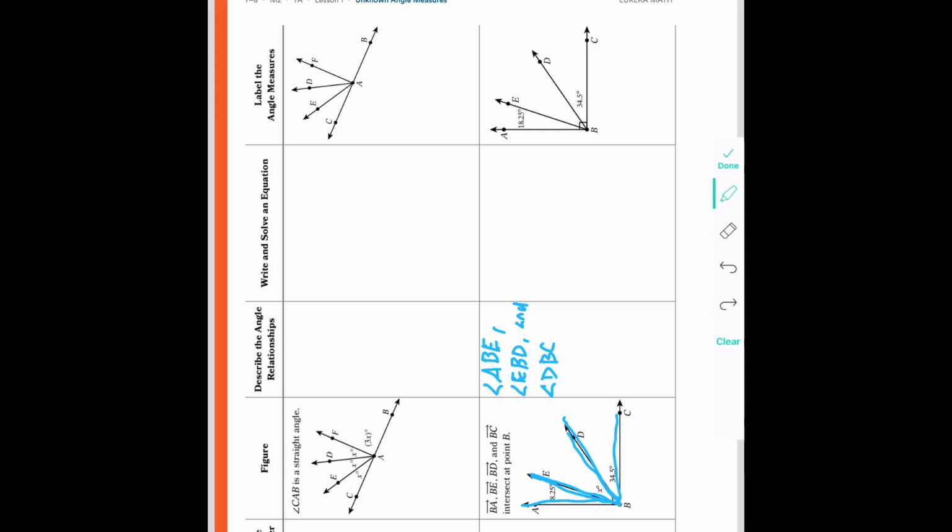All right, what relationship do you think I'm about to say? They are complementary because they are creating a right angle. Okay, so that means when I add all 3 of those angles together, they should equal 90 degrees.